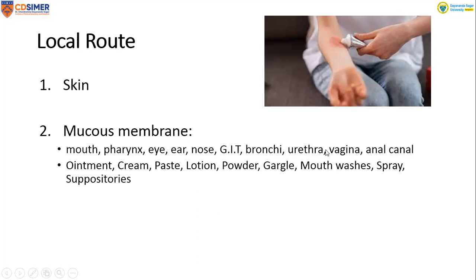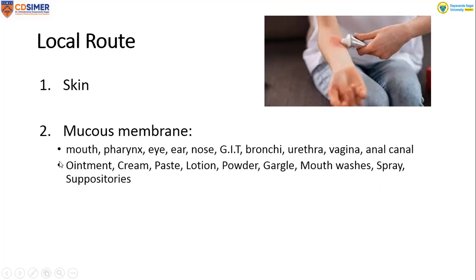And vagina is another important route of administration, especially local intravaginal tablets and creams are available, to affect local area infections, and fungal, bacterial, and parasitic infections can be treated. Again, anal route is another important application we can give, especially if any local issues are there in the anal canal, there also we can give some suppositories to be kept there.